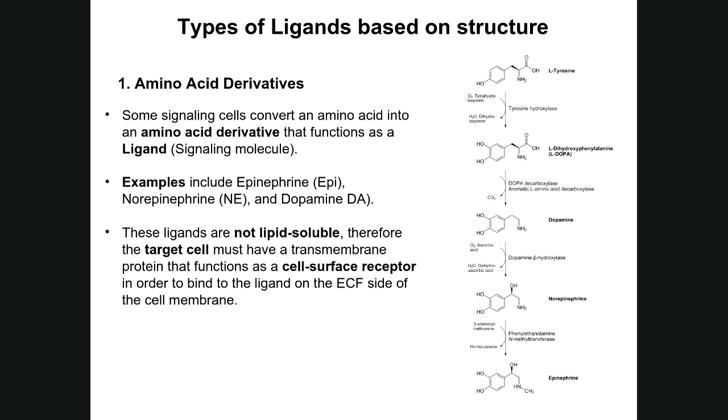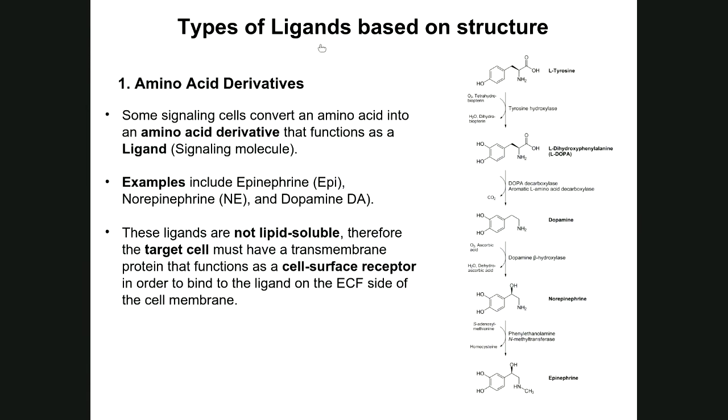One reason is that if we uncover their structure, it might help us figure out what the receptor will look like and where to look for it. Will it be on the cell surface or inside? The other reason has to do with pharmaceuticals. Can we create a synthetic form of this ligand so that we can give it to somebody for medical purposes?